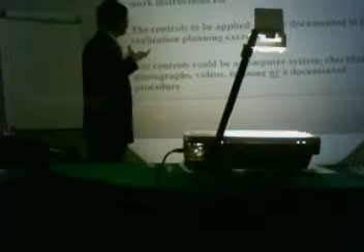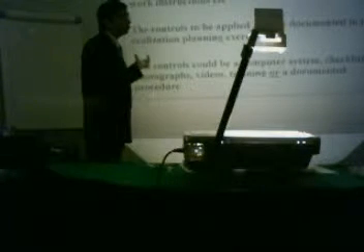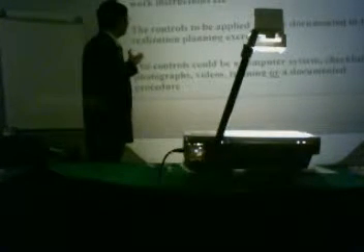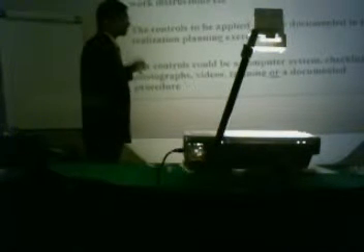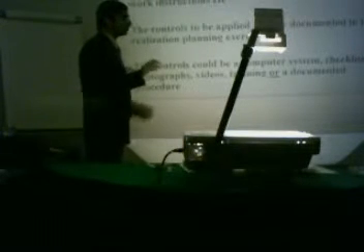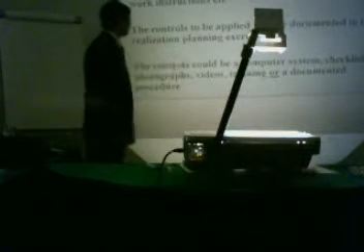Now what is realization planning? You are planning how you need to test the samples, and how the controls have to be applied, that you can plan when you plan how the sample will be tested. And everything may be documented as per that.